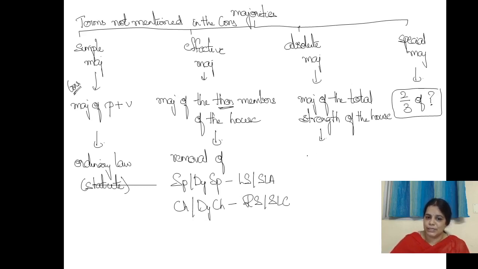Absolute majority is used for forming government in India, meaning you have to get this number if you want to come to power, if you want to form the government. This is the majority that is required. During elections, if you notice, there is one small number that often pops up on the screen, on news channels and others, when they show the number that is required to form the government. That number is called absolute majority.